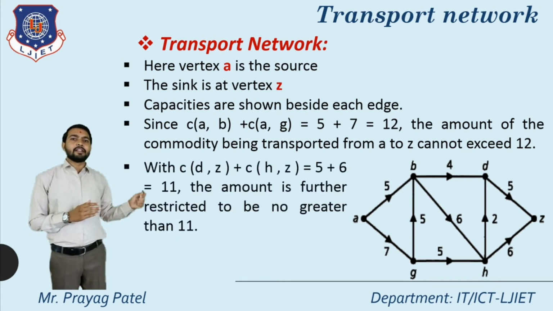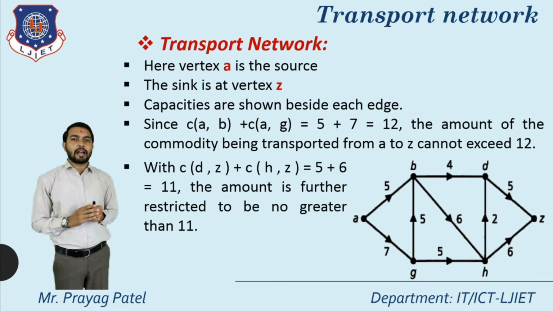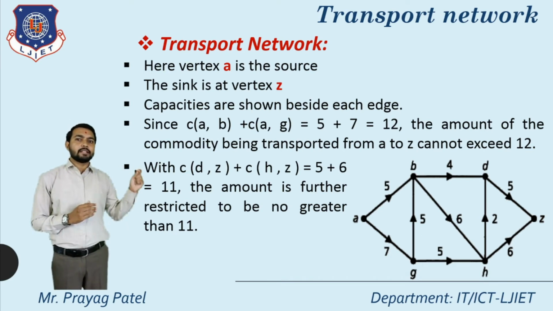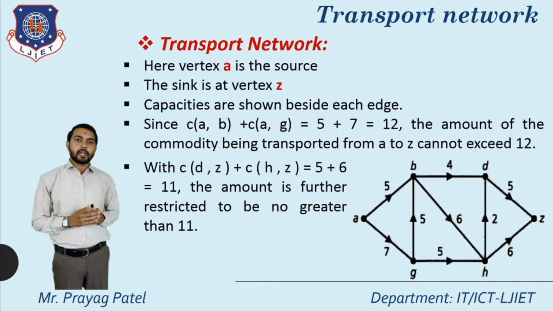Now consider another scenario for the sink. We already saw that from the source the maximum water transfer is 12 liters. But for the destination, or for the sink, we calculate this. The incoming edges for Z are D to Z and H to Z. So C of DZ plus C of HZ equals 5 plus 6 equals 11.